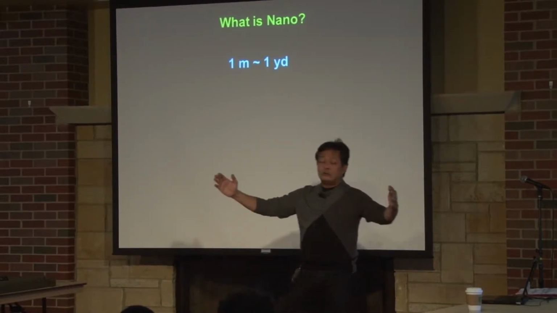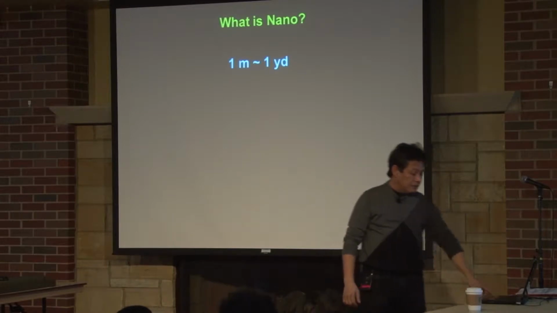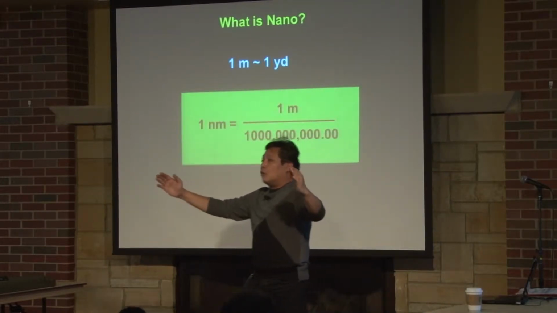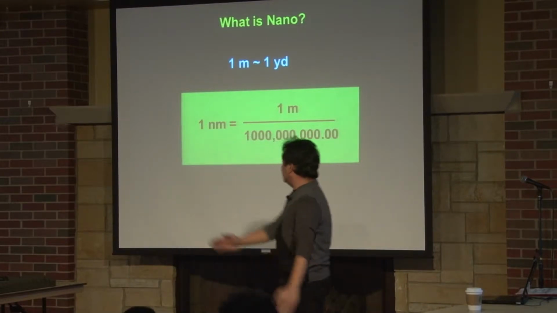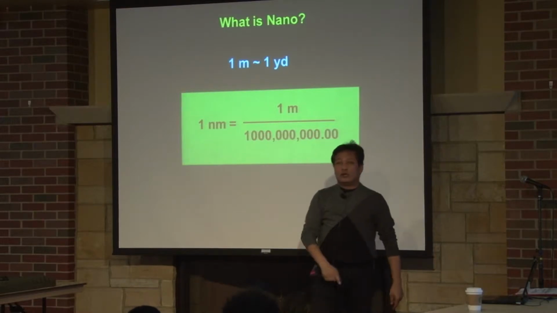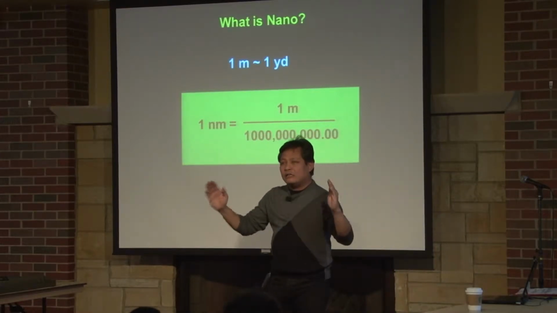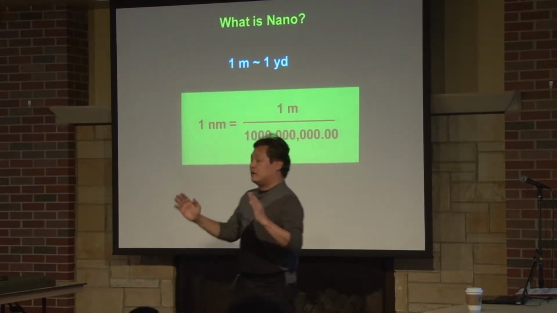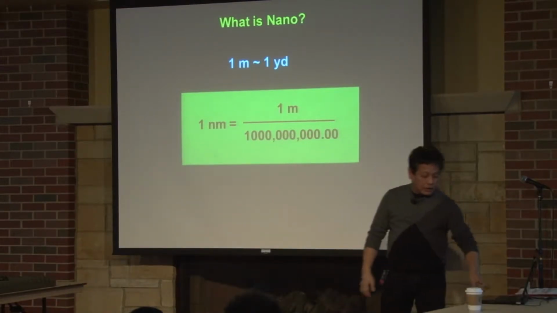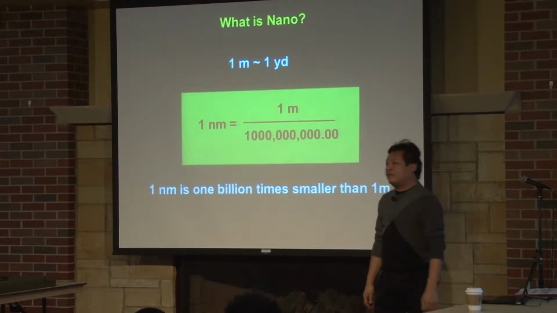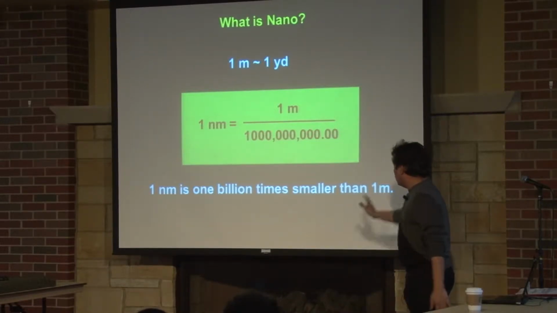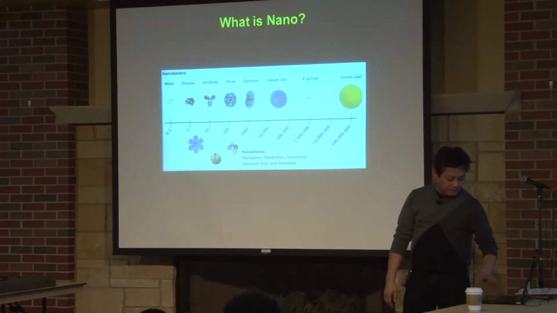That's called 1 meter. Nano means if we divide that 1 meter 1 billion times, 1 meter divided by 1 billion. So nano is 1 billion times smaller than a yard, approximately, about 1 meter. So it's very, very small. So 1 nanometer is 1 billion times smaller than 1 meter.